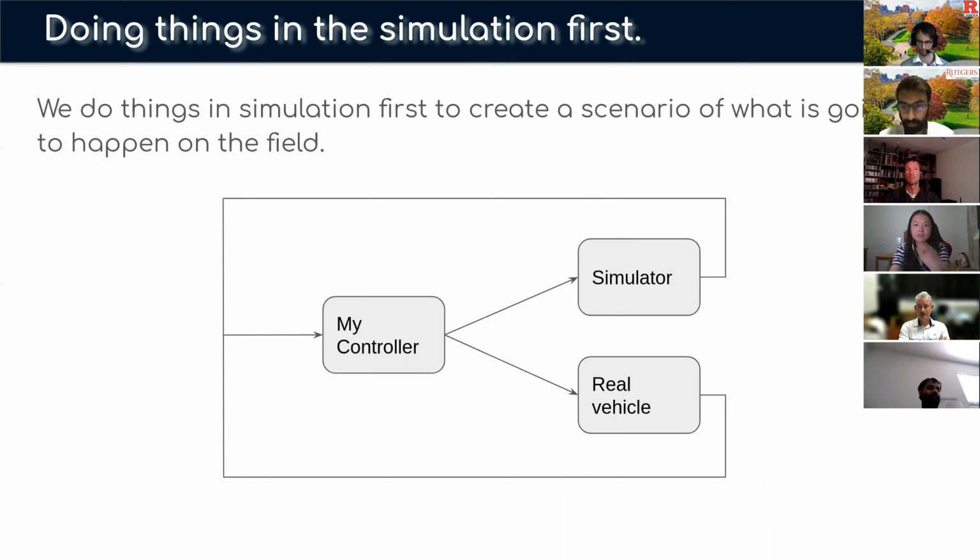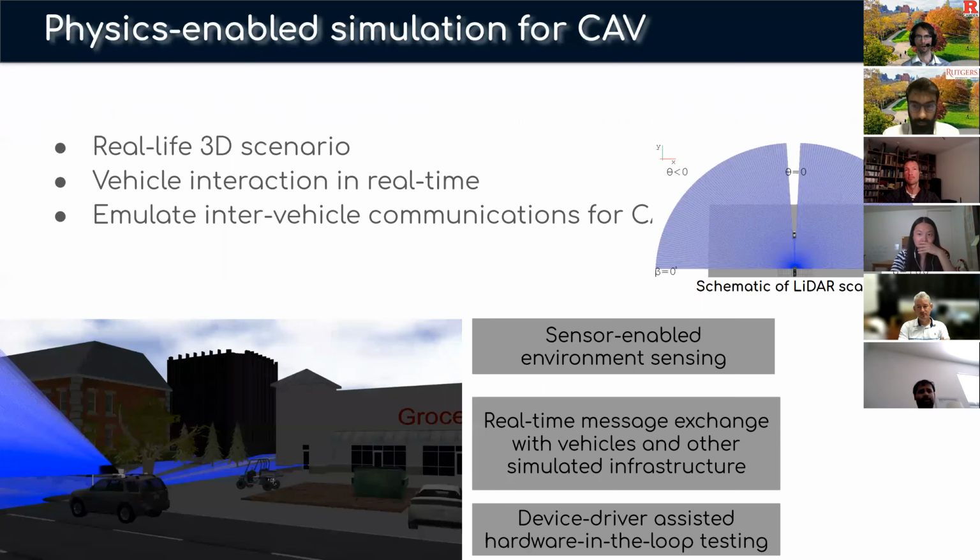But at the same time, ideally we should expect that the result we get in the simulator should match the result we expect to get in the field with real vehicles. Does this happen? We will answer that question in a while.